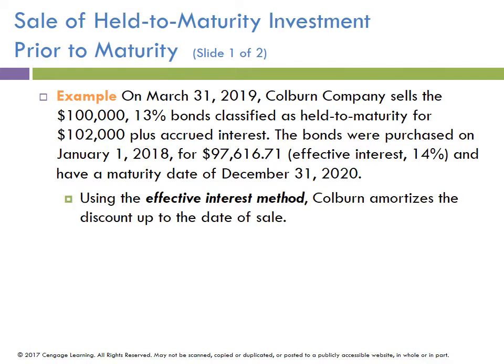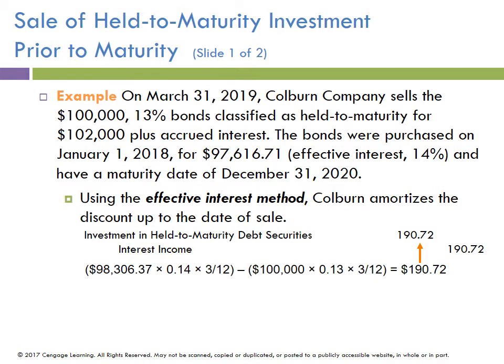We have to use the effective interest method to amortize the discount up to the date of sale. So, the amount of the interest, if you look back on page 13-8, there is actually an amortization schedule there.